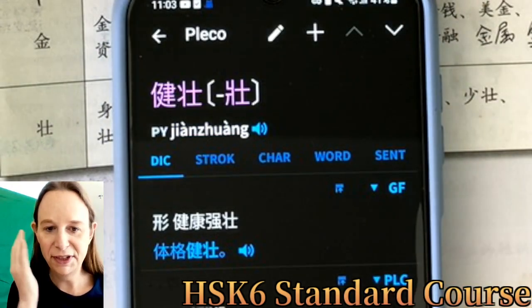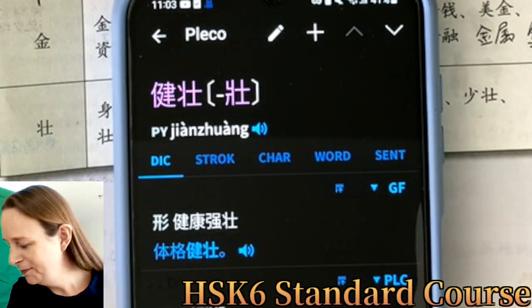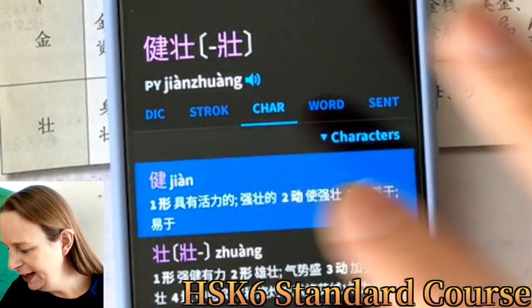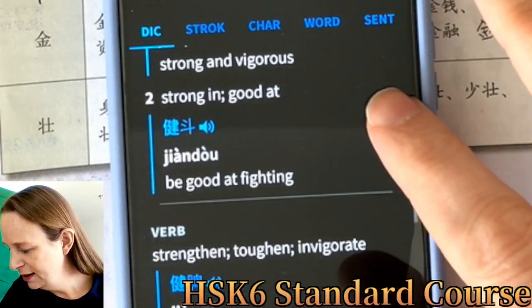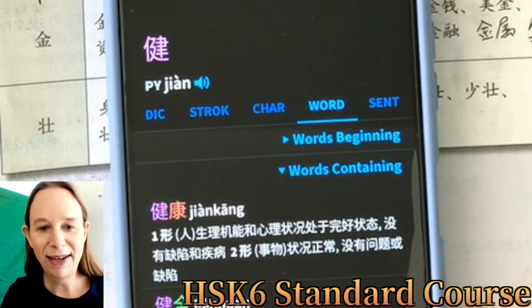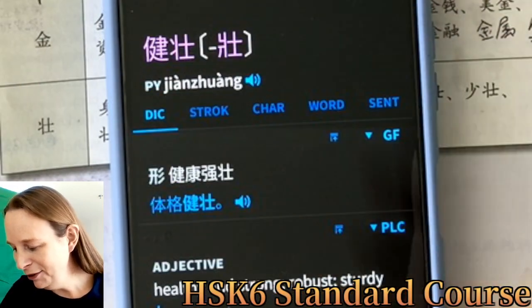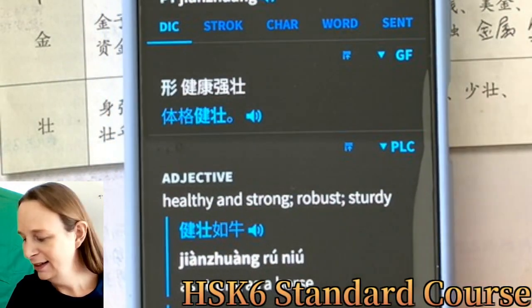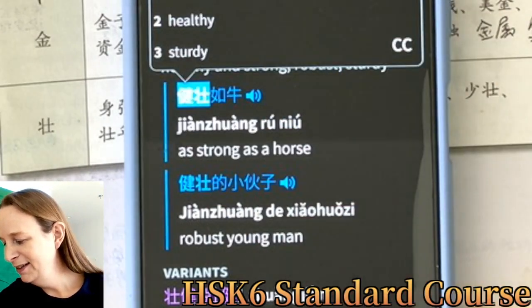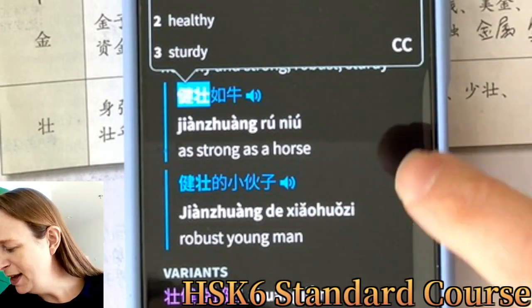No, I'm getting the tones wrong. 健壮, adjective. 健壮. Ah, no, it's not building, it is health. It's 健康的健. So that makes sense now. So healthy and sturdy. 健壮如牛 is robust.